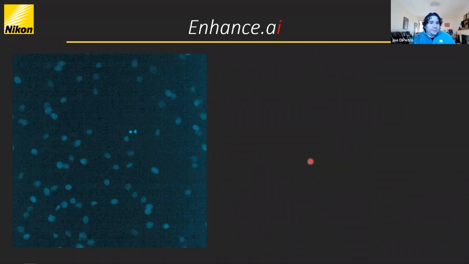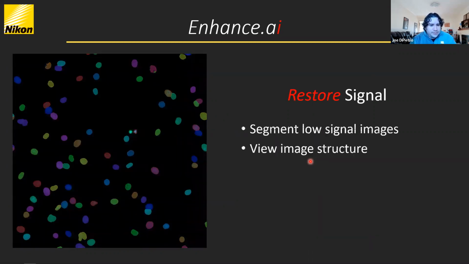This is in a similar vein as Denoise AI. You can take images really fast with really low signal to noise and restore the image with Enhance.ai so that you can then segment it. It works in a similar way. You would take a bunch of images with the fast parameters that you want to do your experiment with. Then you would do it with really slow parameters and lots of power, so you get a high signal to noise image, something that might be damaging to your sample if you did it for long enough.